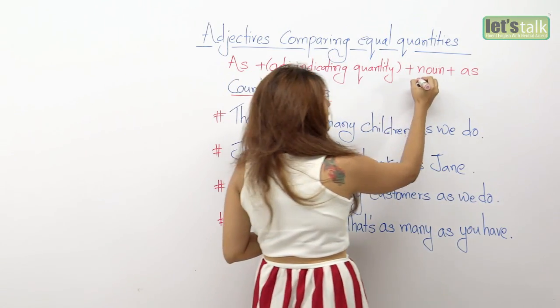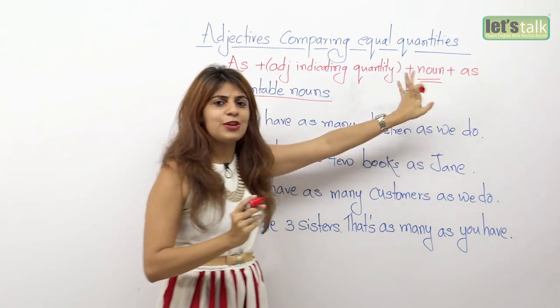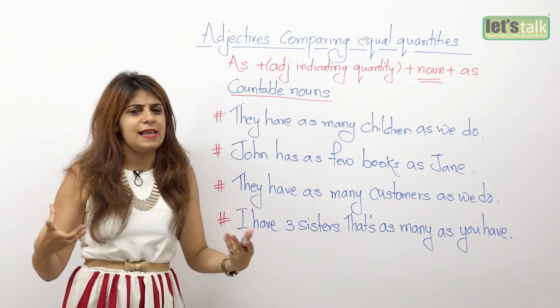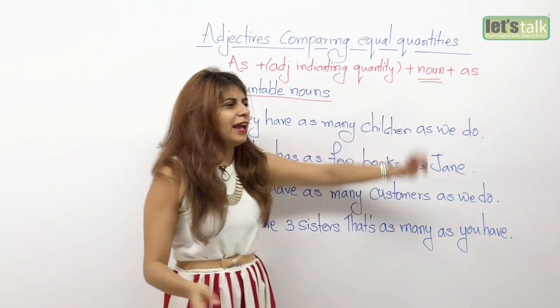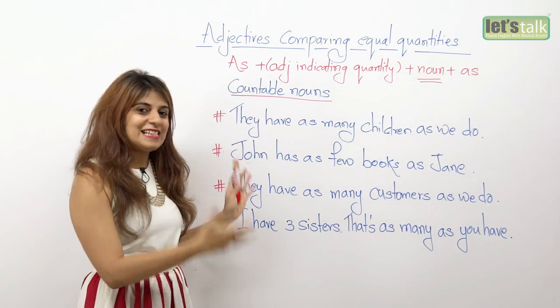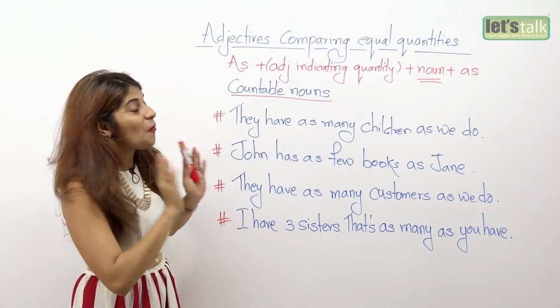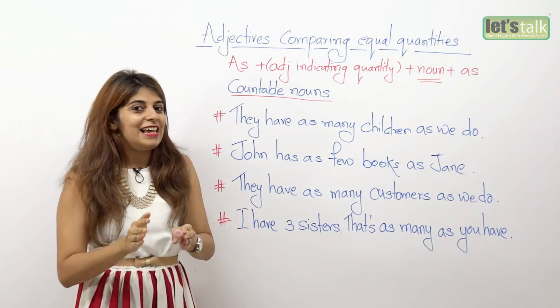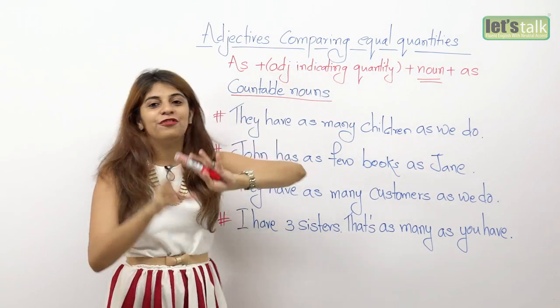Now in certain cases, it's okay to skip the noun, especially when you know what you're exactly talking about. It's okay to let go of that noun. We will understand this better in the examples. Another thing that you really need to keep in mind is the type of adjective.